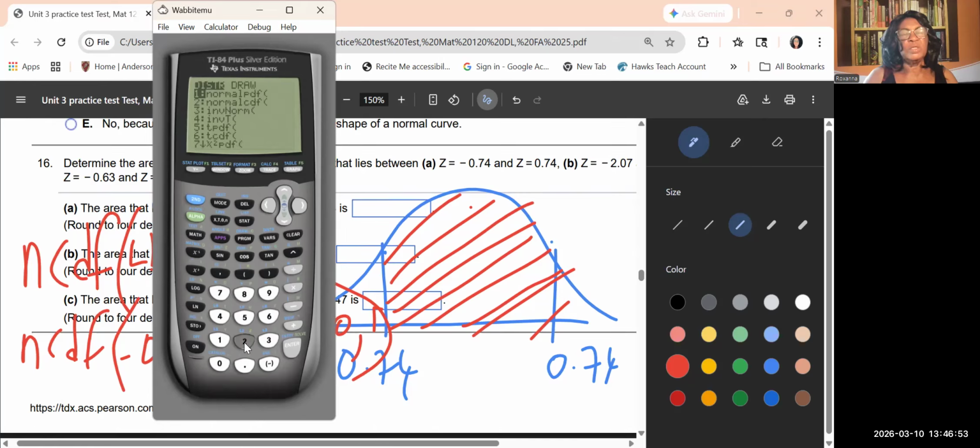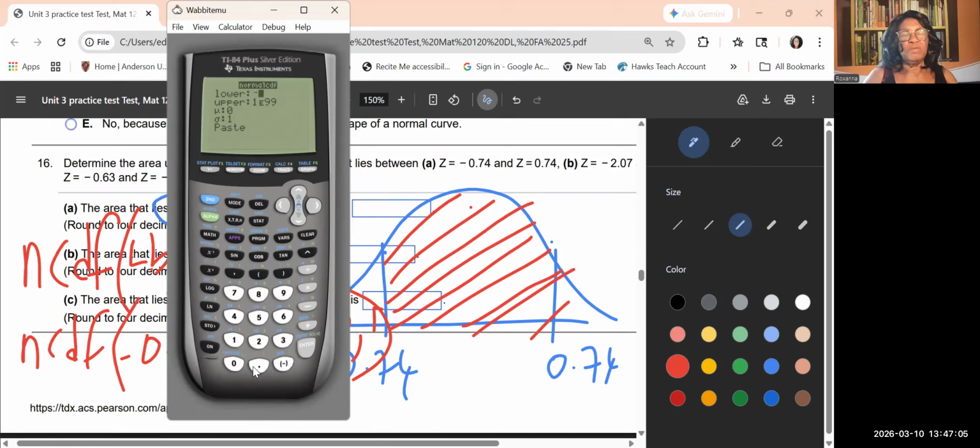Number 2, the lower bound is negative 0.74, and the upper bound is 0.74, and the mean is 0, standard deviation is 1, a standard normal curve.